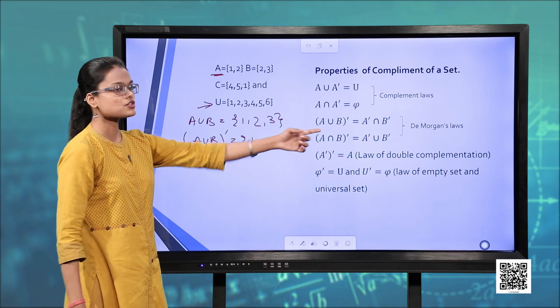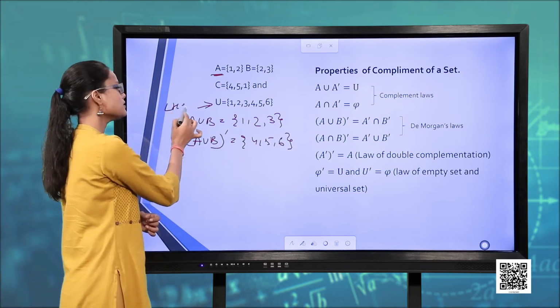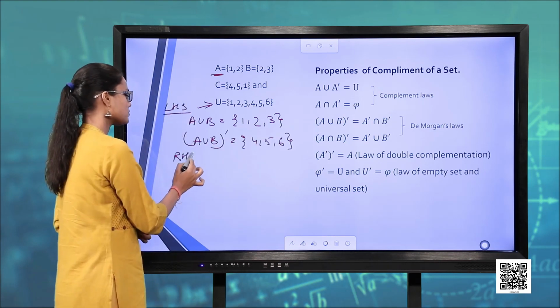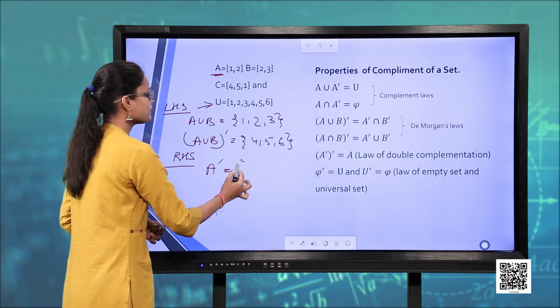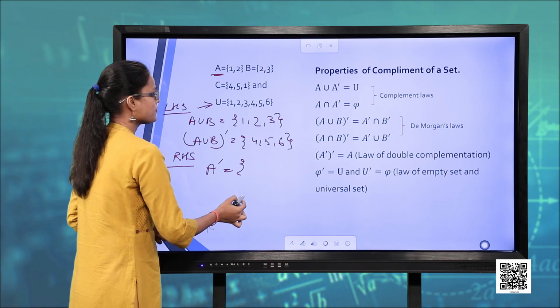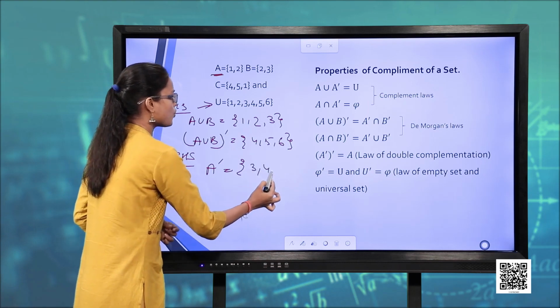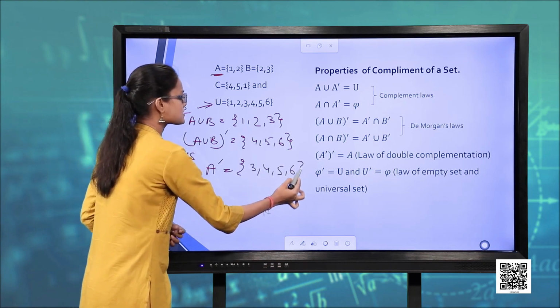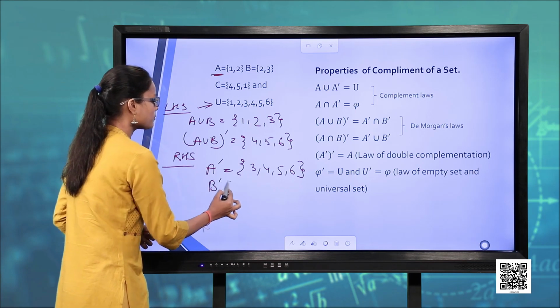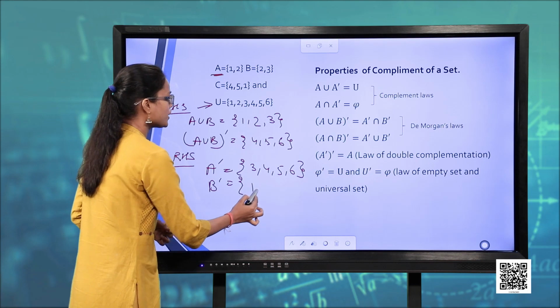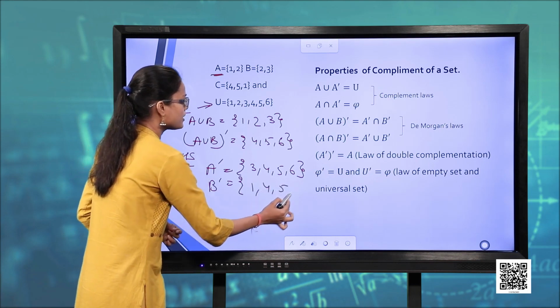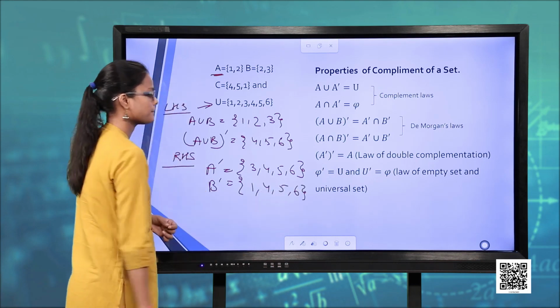Now, see the RHS part, this is the LHS part. RHS, first we have to find A complement. So, A complement is giving us 3, 4, 5 and 6. B complement giving us 1, 4, 5 and 6.